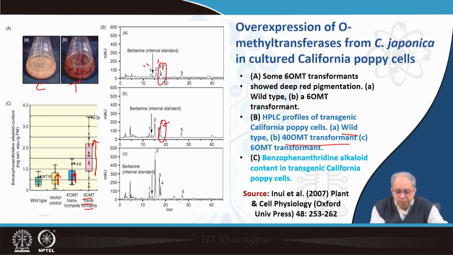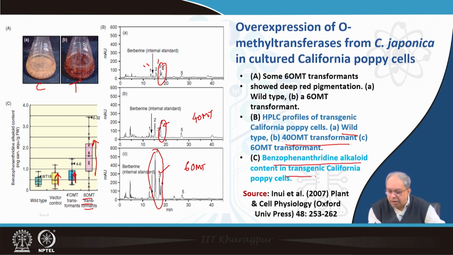But now when you compare with this, which is basically the 6-OMT, here there is a huge enhancement of 2 as well as 3, as compared to even 4-OMT and the control.